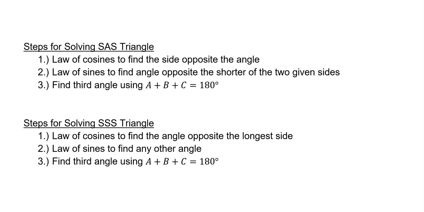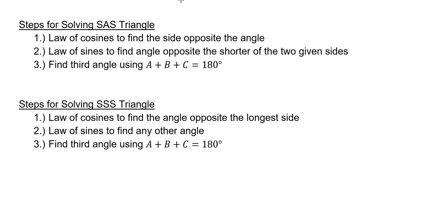So let's just jump right into the steps that we have to take. Just like the previous section, we need to first recognize what type of triangle we have. So if we have a side angle side triangle, then we know to use these following steps here. Step one, we are going to use law of cosines to find the side opposite the angle.